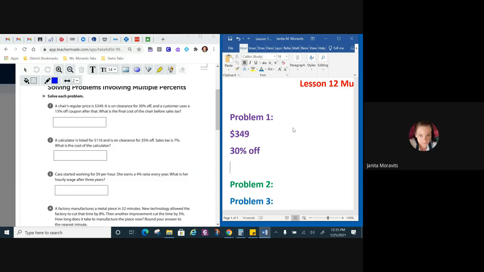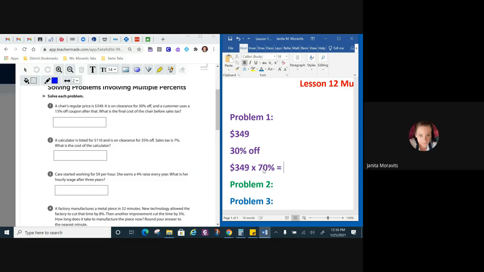All right, so we would say $349. Now, if it is 30% off, that means they're going to pay 70% of the price. So we could just say $349 times 70%, because that's how much they're actually going to pay.